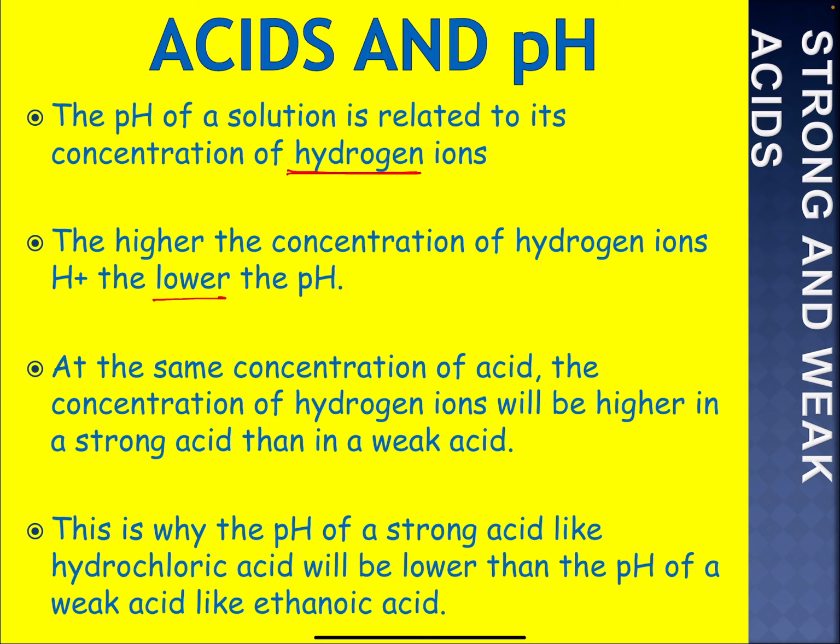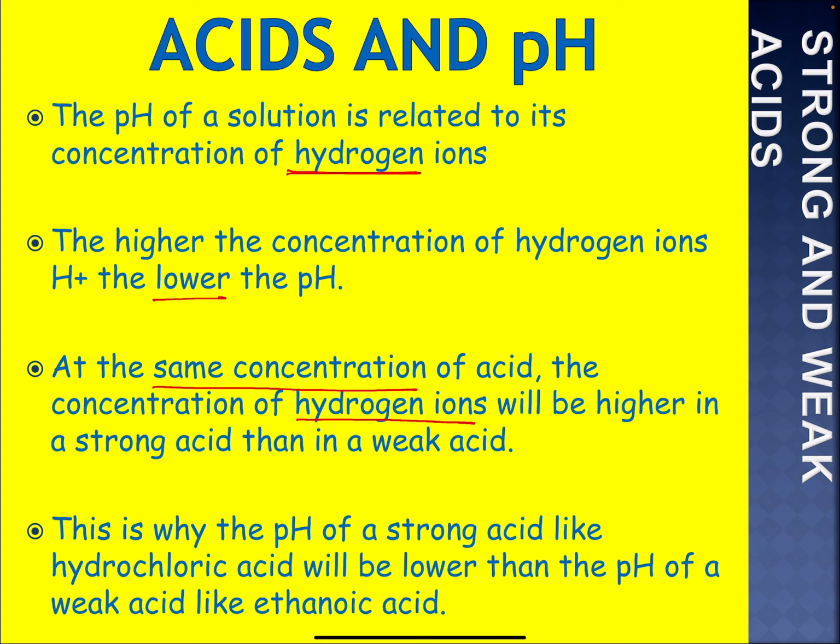At the same concentration of an acid, the concentration of hydrogen ions will be higher in a strong acid than in a weak acid. So pH 1 will have a higher concentration of hydrogen ions than pH 6.